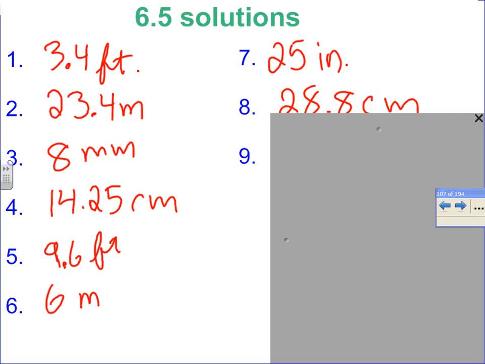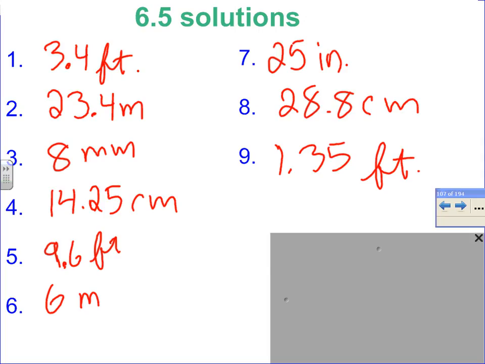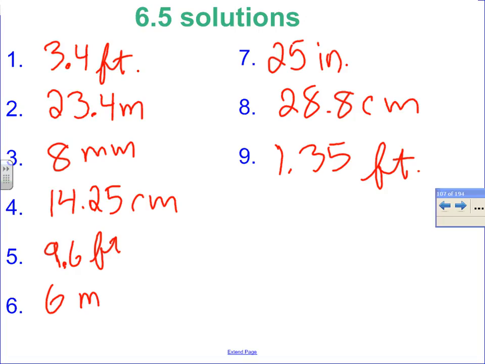Number 1, 11.8. Well, the answer should be 3.4, though. Okay, your proportion should be, Annalise, actually, tell me first. What did you have for your proportion? Okay, you have it backwards, that's why. It should be 17 over 30.5 equals x over 6.1. Did you redraw the JKL one?